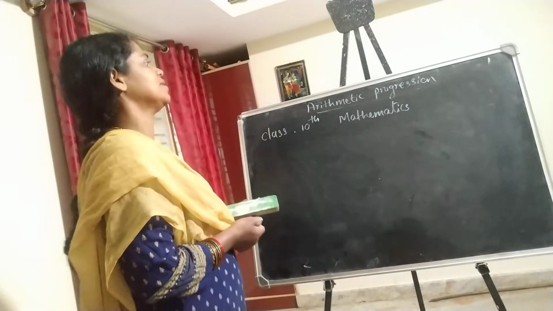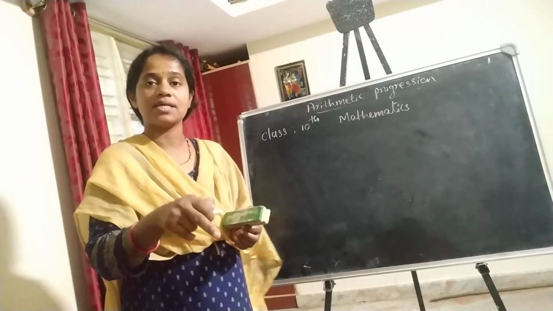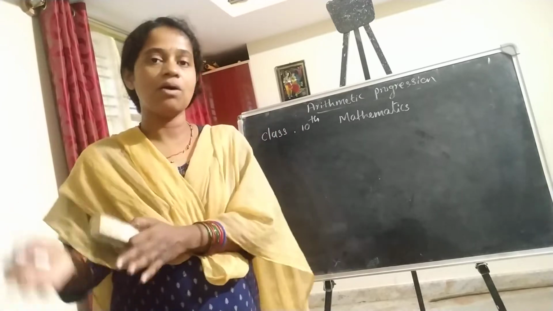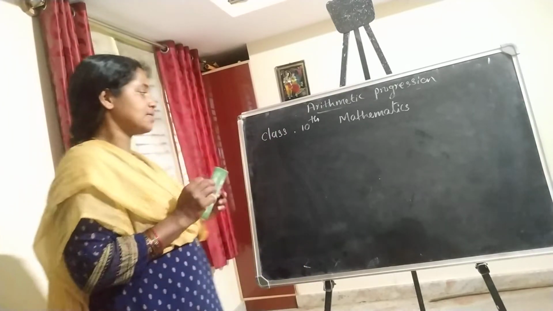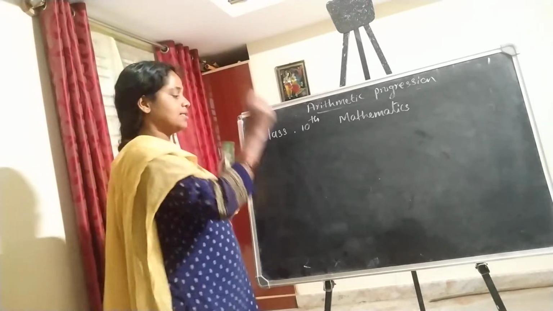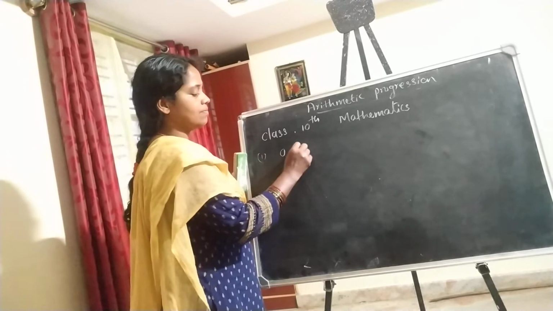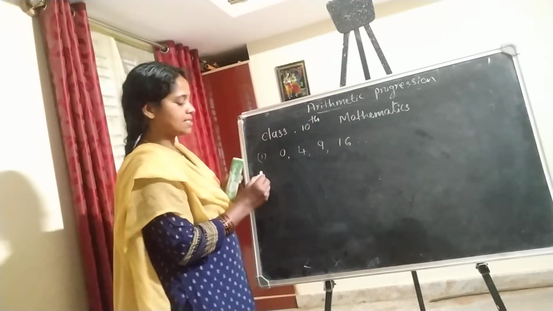So what is the meaning of arithmetic progression? Before going to that concept, you have to understand the meaning of a sequence. I will write some examples here. Example 1: 0, 1, 4, 9, 16 onwards.